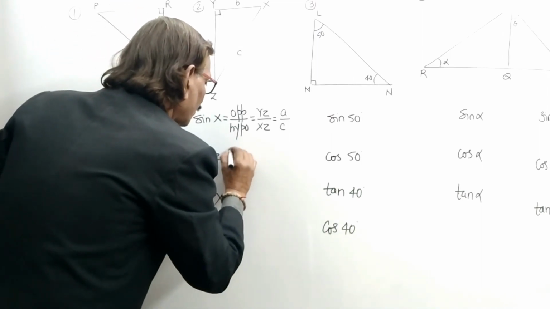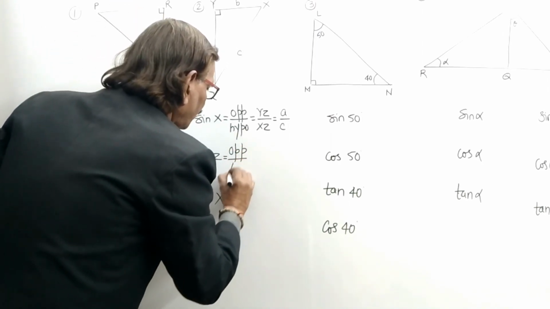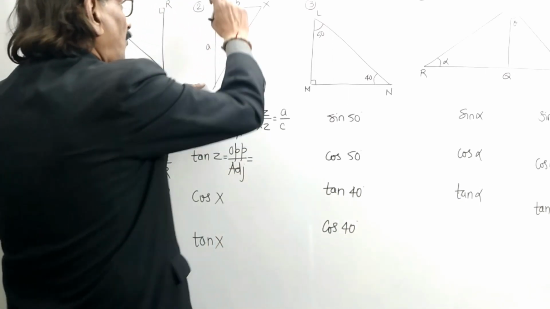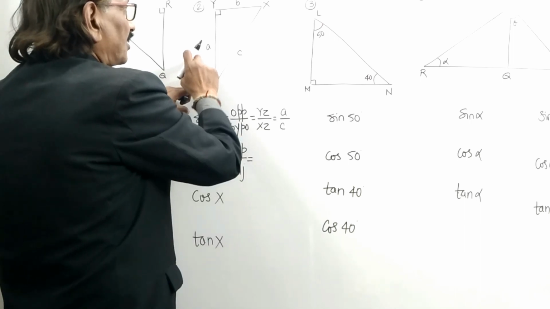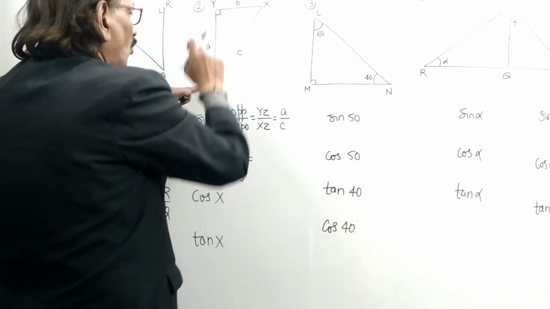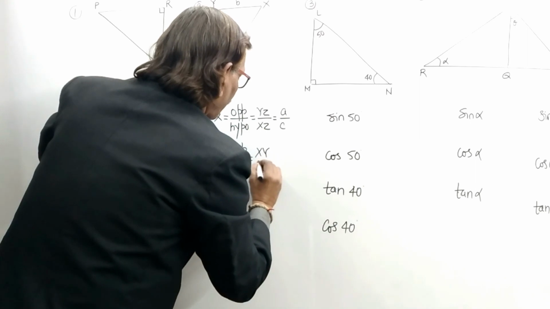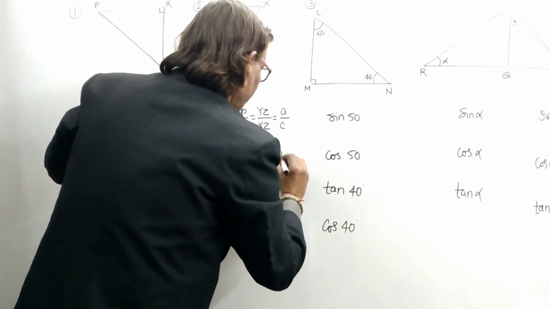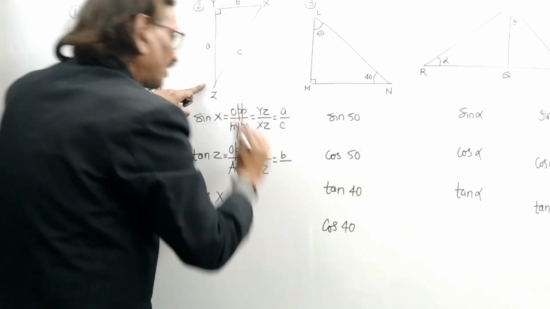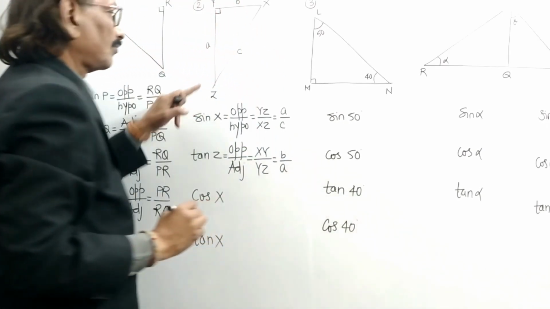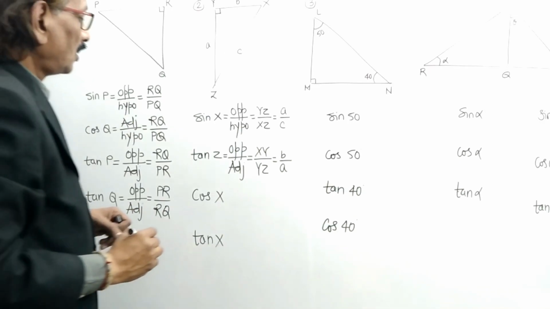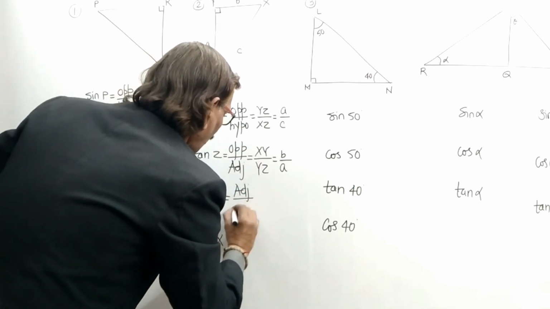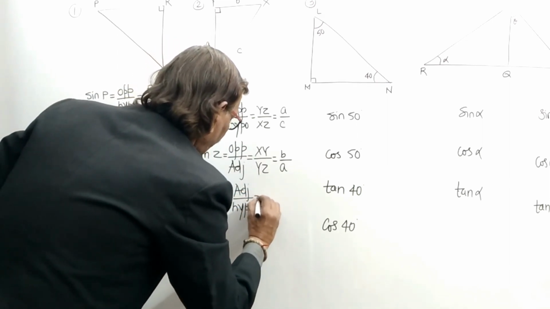Tan Z again, opposite upon adjacent. The angle is Z, opposite upon adjacent. XY upon YZ. XY is B. YZ is A. Next, cos X, adjacent upon hypotenuse.